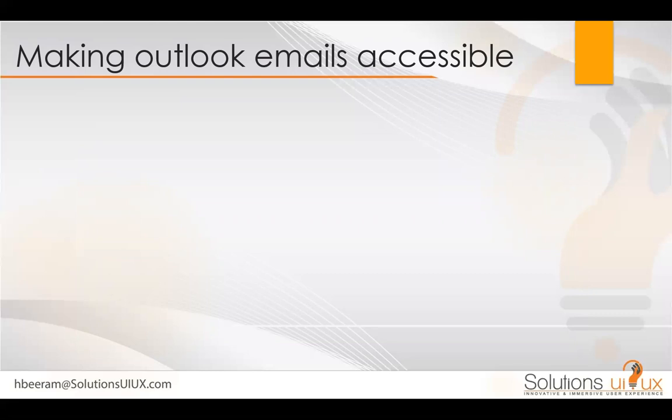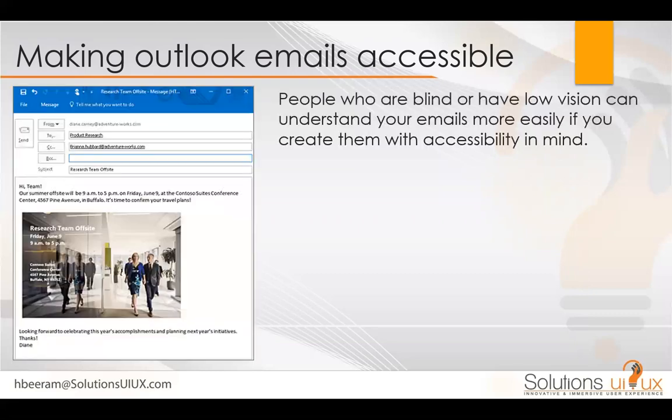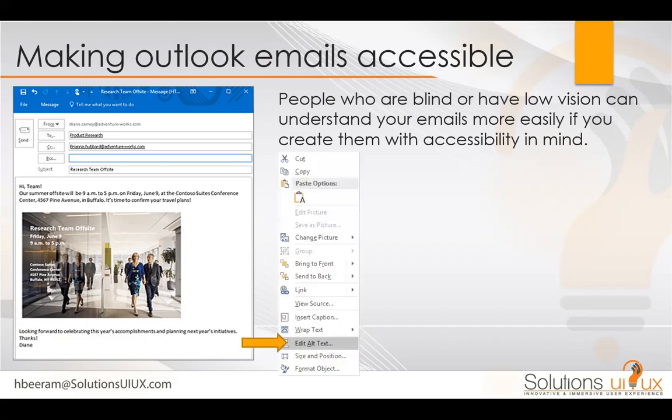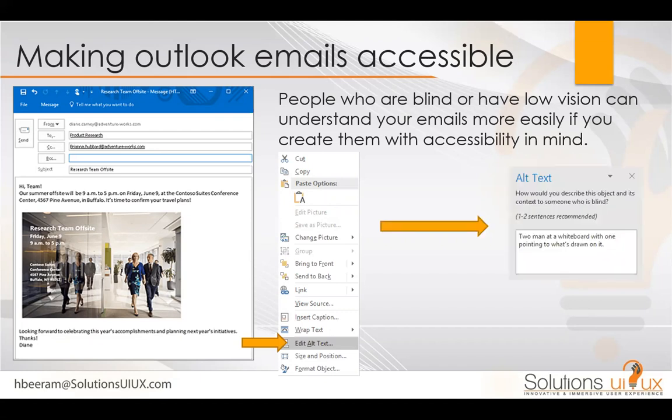So making our outlook, this is one of the things, if we can make this a habit, it's much easier. I've tried this a few times, and sometimes I'm also guilty myself where I don't always make this accessible. When you're putting a picture in an email, you right click and then click on edit alt text, and a box is displayed.